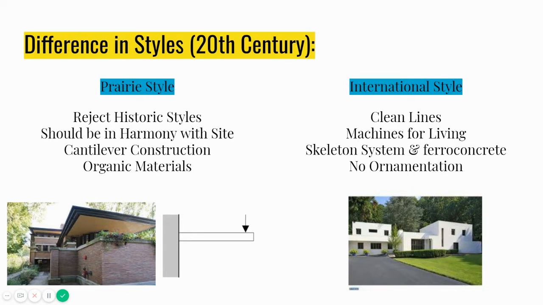The concrete was one of the technological innovations: they use that skeleton system like we've learned about from the Carson Perry Scott building, but then they use this ferroconcrete, which are concrete slabs that get affixed onto this skeleton structure. That's the innovation that occurs for the international style. And like I said before, there is zero ornamentation.